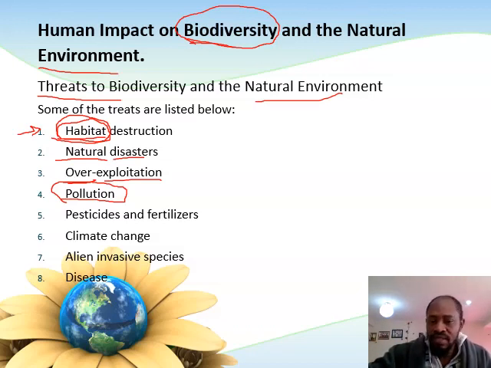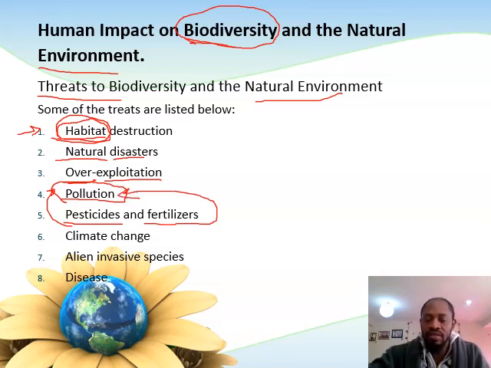The use of pesticides could cause such pollution. The use of fertilizers as well could cause such pollution, either soil pollution, or even if it leaks into a body of water, it could cause eutrophication, like we did in another chapter. Okay.